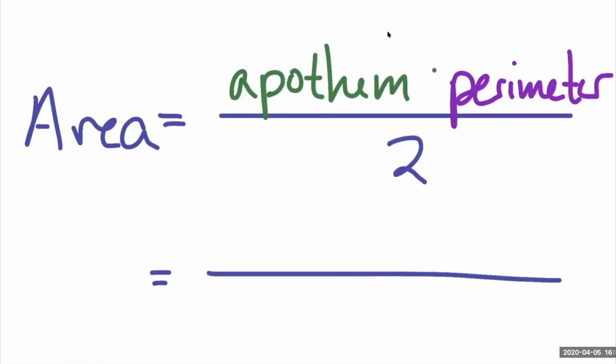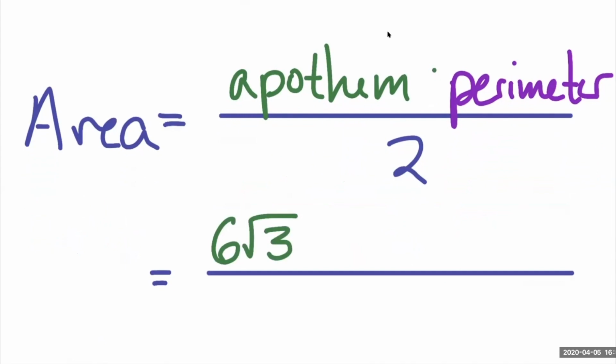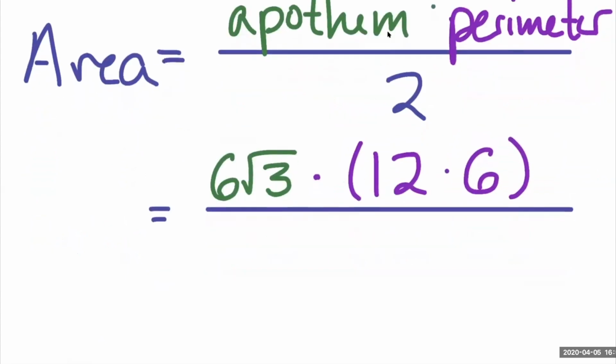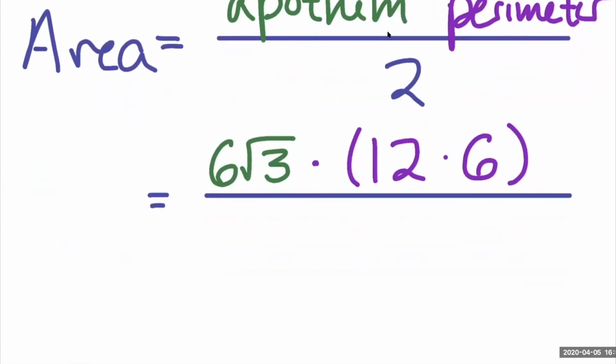We know the apothem because that was given to us. The apothem is 6 root 3. The perimeter we can get by multiplying the length of one of our sides, which we found to be 12, by the number of sides in this regular hexagon. So in this case, 6. And all that is still over 2.